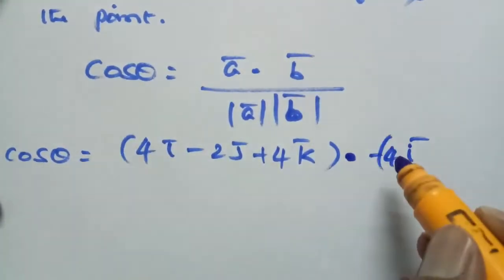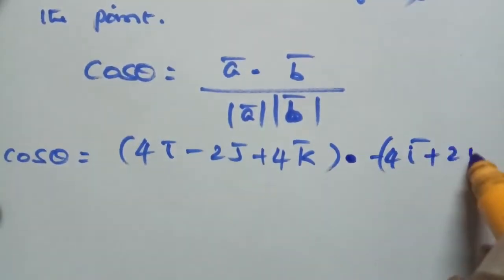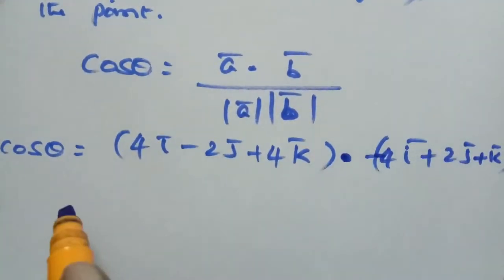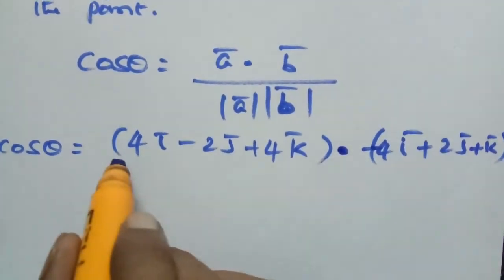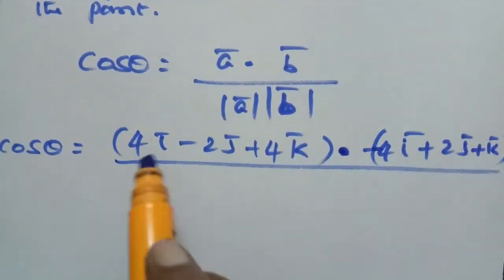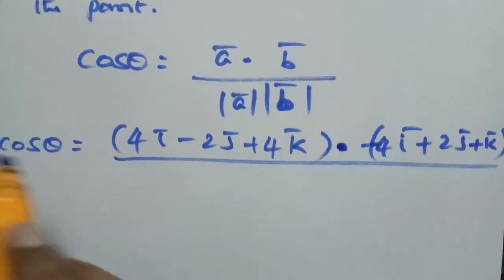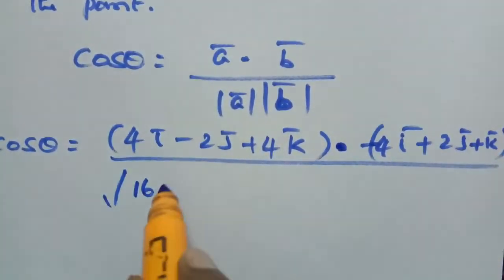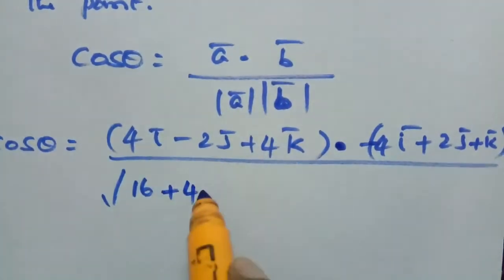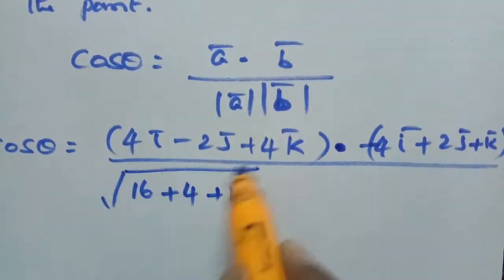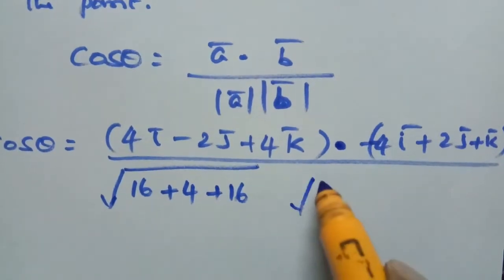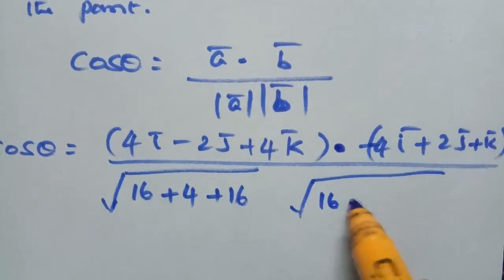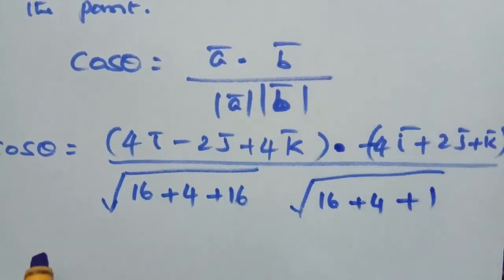4i bar plus 2j bar plus k bar. Therefore this is equal to (a bar dot b bar) by modulus of a bar times modulus of b bar, that is square root of 4 square, 16 minus 2 whole square, 4 times square root of 4 whole square, 16, 2 square, 4, 1 square, 1.